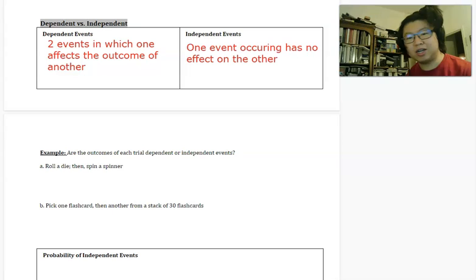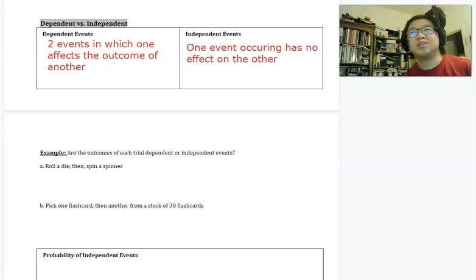This is kind of difficult to realize, but let's take a look at the examples to see what I'm talking about here. Are the outcomes of each trial dependent or independent events? Well, if you roll a die and spin a spinner, are those two tools related in any way? If I roll a die, well, you got a 1 out of 6 chance to roll any number. Does that affect my chance at spinning the spinner?